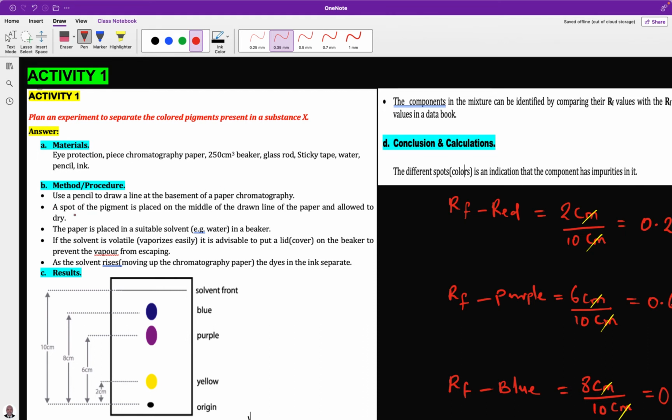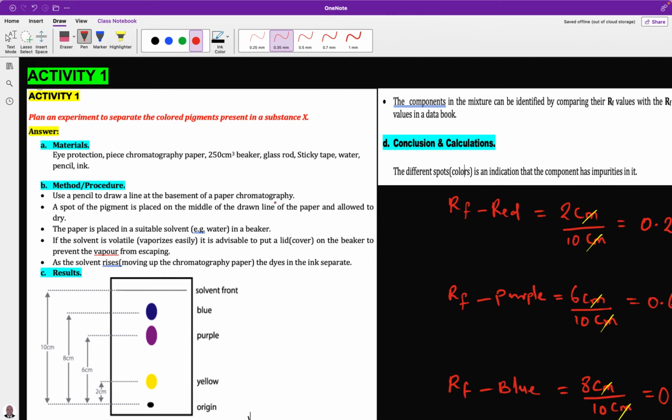1. Use a pencil to draw a line at the base of the chromatography paper. 2. A spot of the pigment is placed on the middle of the drawn line of the paper and allowed to dry. The paper is placed in a suitable solvent, for example, water that we used, in a beaker.